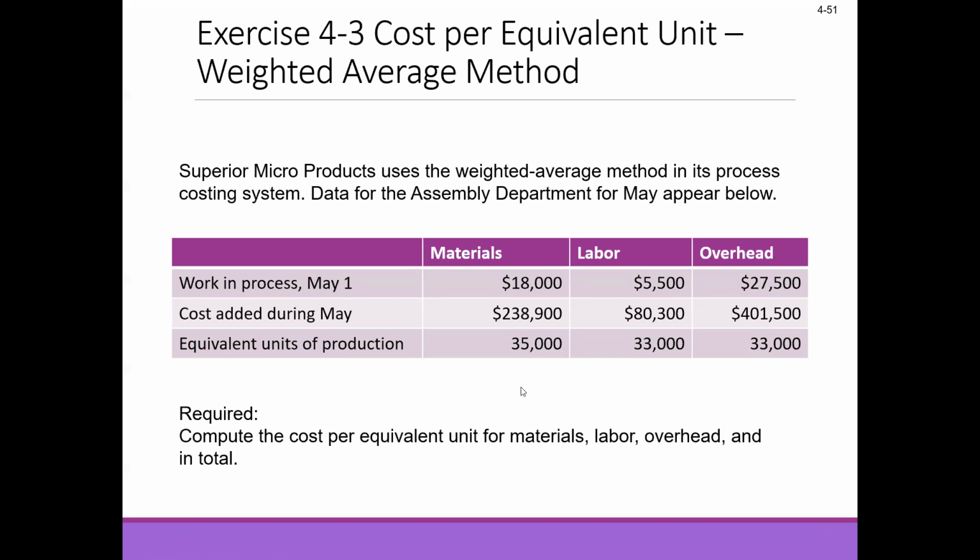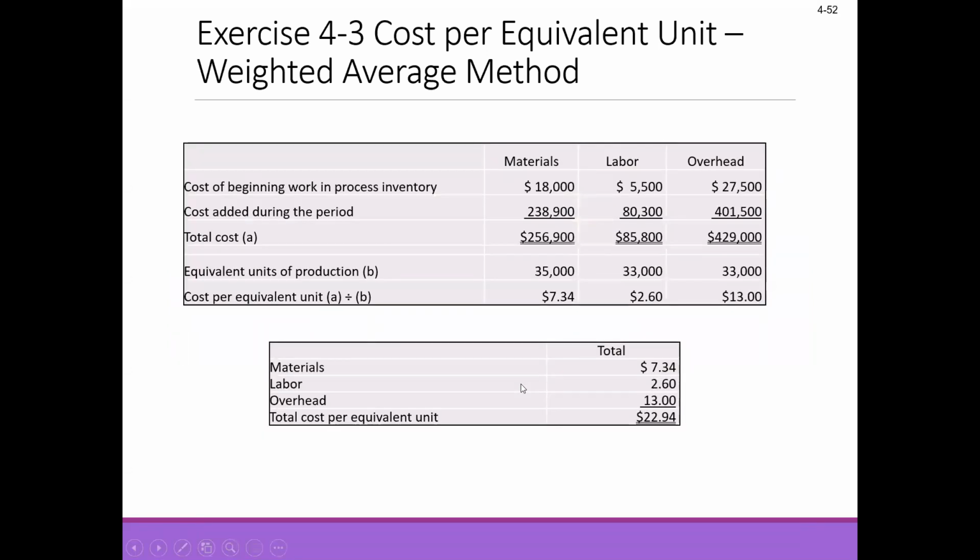Okay, so we start with materials of 18,000 plus the costs added give us a total cost of 256,900. If we divide that by our equivalent units, we're at $7.34.